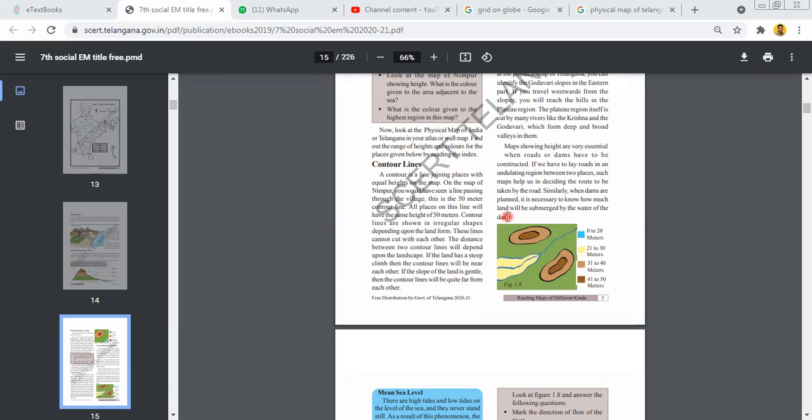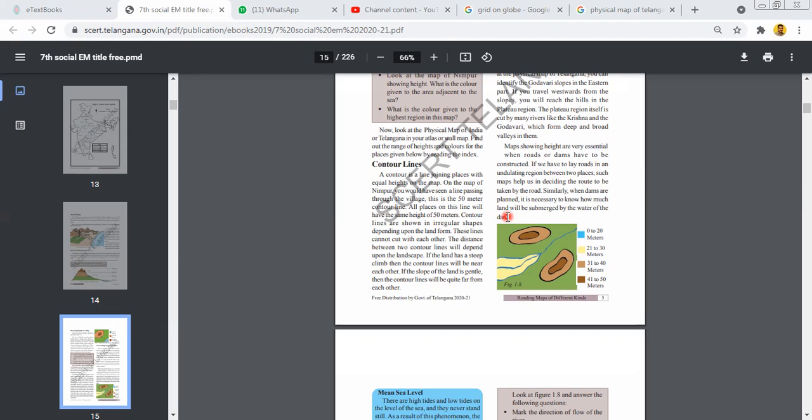So if you want to show only heights, we can use contour lines, we can use circles with different shades, or we can use only the color, only the shades. Every shade has a different height, so the places which have the same color all lie at the same height.